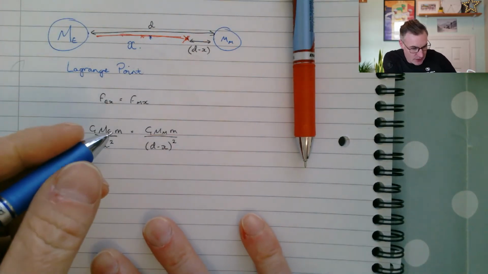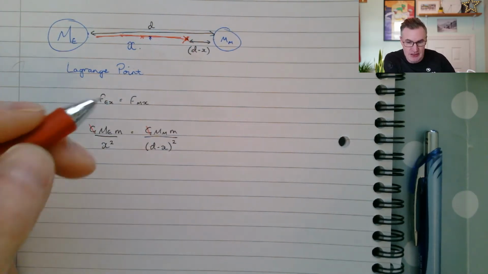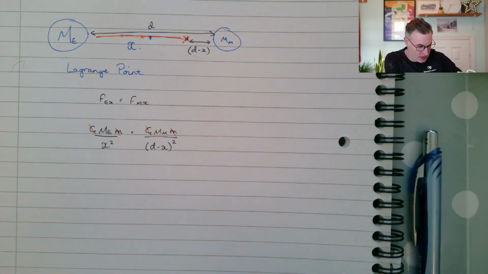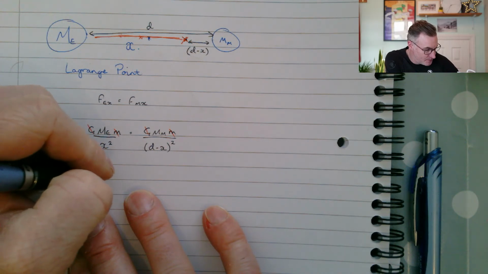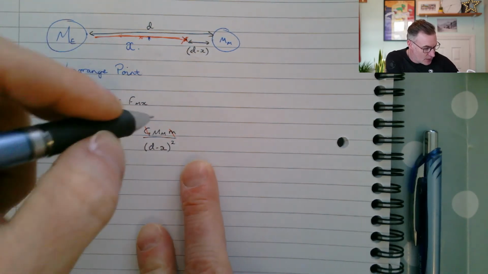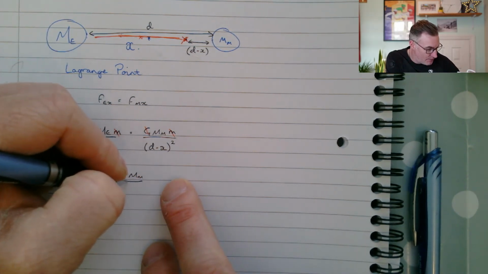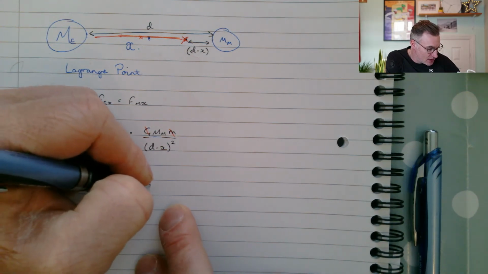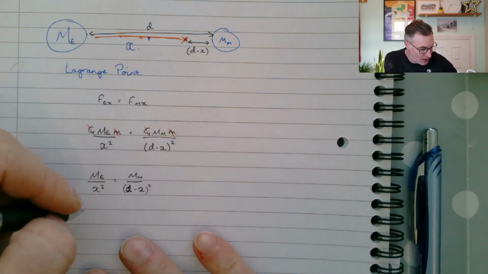From there we can work it out. First things first, we can get rid of big G on both sides. We can get rid of little m on both sides, and I'll just rewrite this. So M_E over x squared is equal to M_Moon over d minus x squared. I can cross multiply.